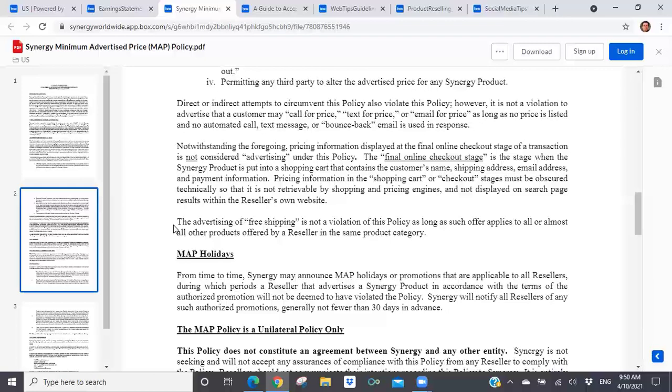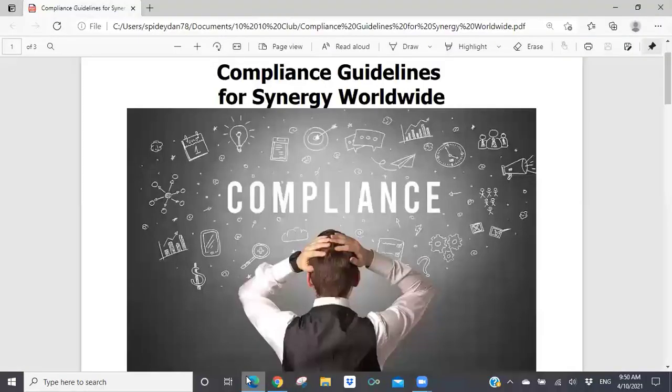Anyone else before we say goodbye? Hello, Dan. It's Donald again. Yes, Donald. I always like the cover that Synergy provides, meaning that suggested retail price.